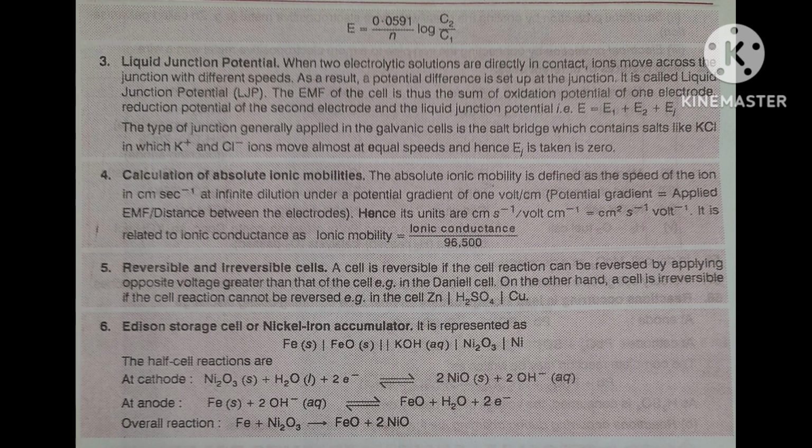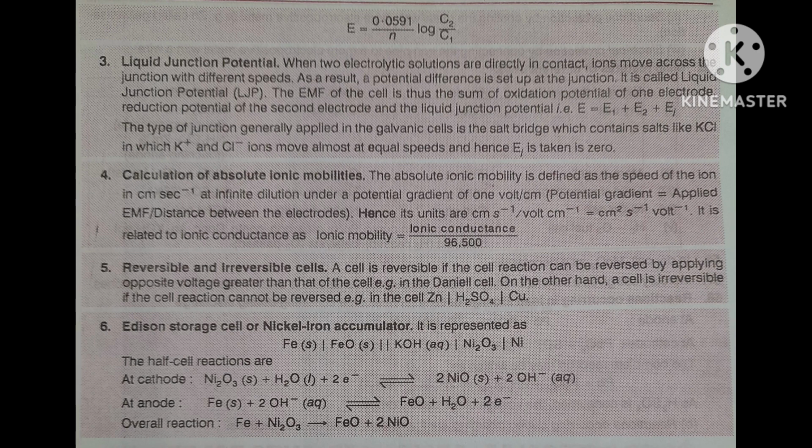Then now you add both. Then 2 electrons will be cancelled out. OH will also be cancelled out because in both reactions you will get OH, but one will be on the left side, the other on the right side. Hence both will be cancelled. Hence finally what will you get? Finally you will get Fe plus Ni2O3 on the left side and on the right side FeO plus 2 NiO. Correct?